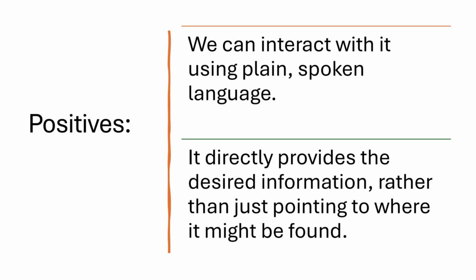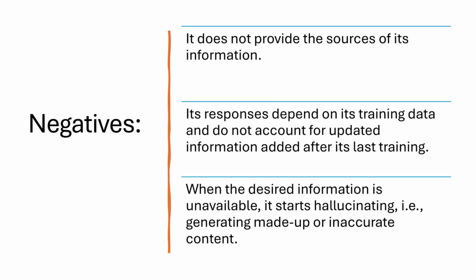Let's take a moment to reflect on the insights we've gathered about generative AI, with ChatGPT as our focus. On the positive side, ChatGPT offers remarkable convenience. It allows us to communicate effortlessly using plain, conversational language. Moreover, it delivers the information we are looking for directly, saving us the trouble of searching through multiple sources. However, there are notable drawbacks.